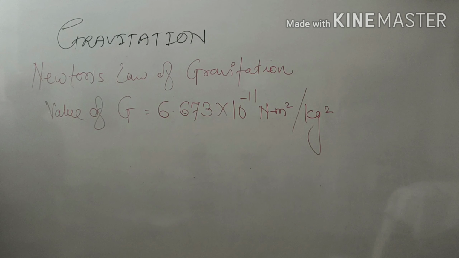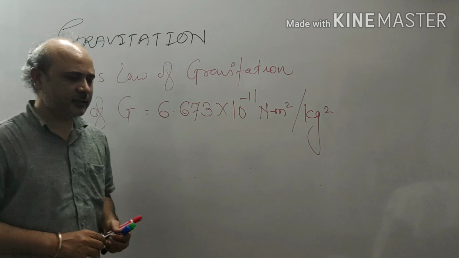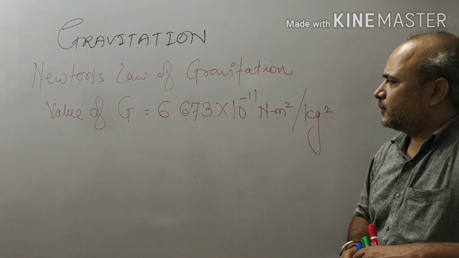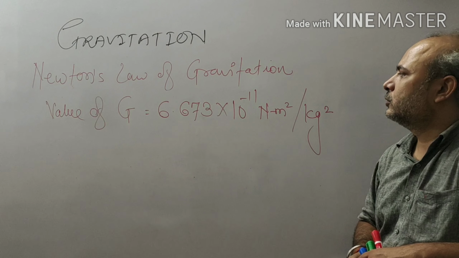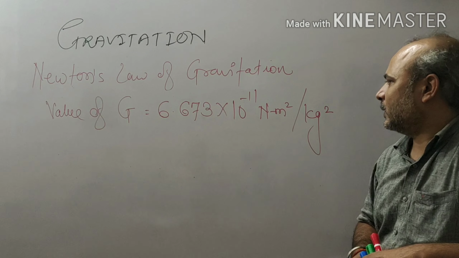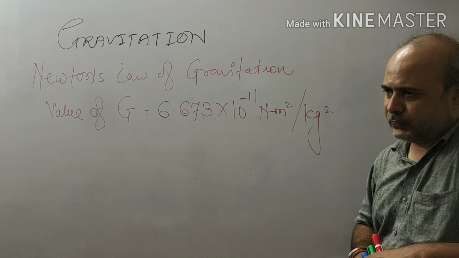Okay, student? What is the value of G? 6.673 into 10 raised to minus 11 Newton meter square per kg square.